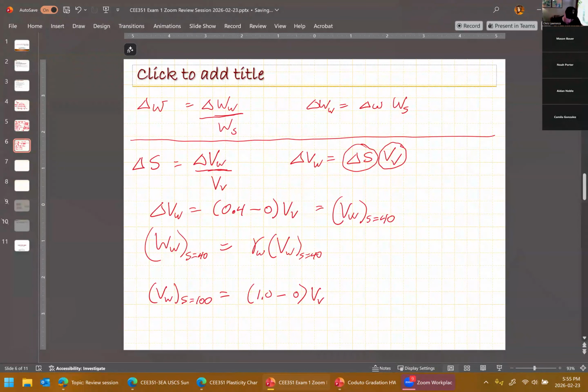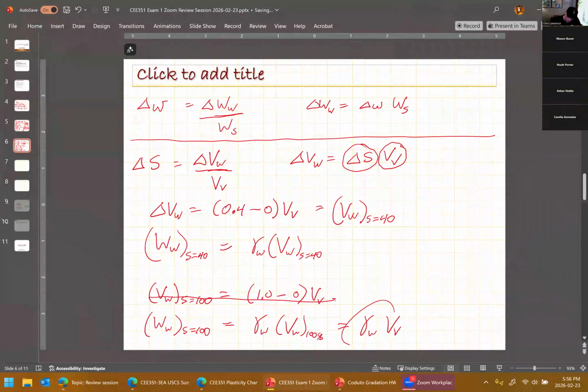What if all the voids are filled with water? Actually, that's even easier. The question is, what is the weight of water for S equals 100%? If all the voids are filled with water, VW of 100%, well, that means all the voids are filled with water. 2 numbers that you already knew, gamma W and VW.